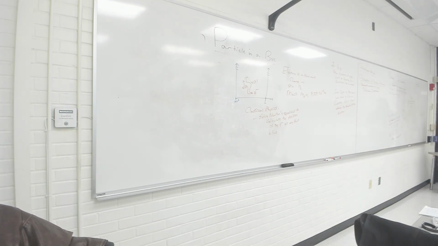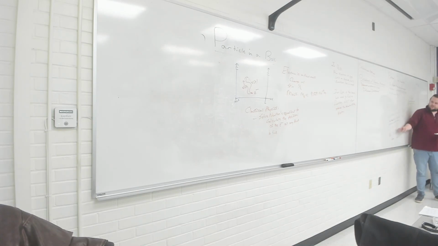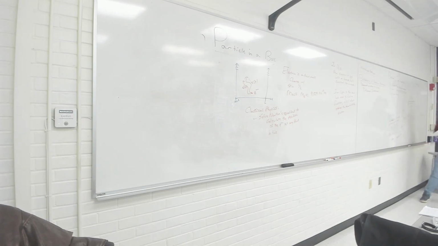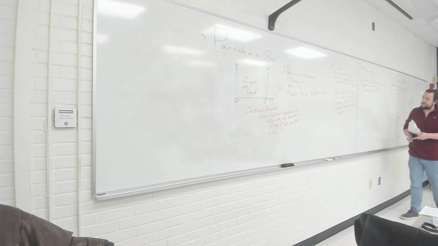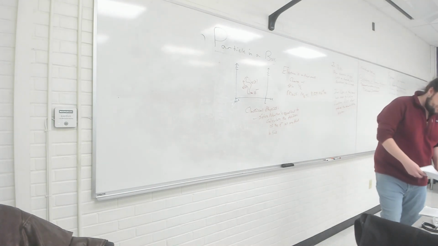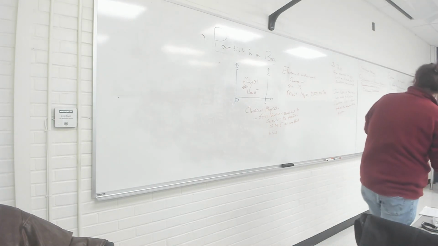Okay, so what we're going to do with our particle in a box is figure out a way to find this wave function, which tells us everything about the electron in the box, such that that wave function satisfies this property. It also satisfies some other properties. We're going to continue to limit the kinds of things that a wave function can exhibit. Very specific. Again, we can't really do much with this math at the moment.